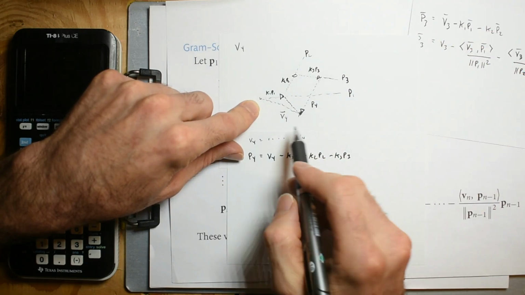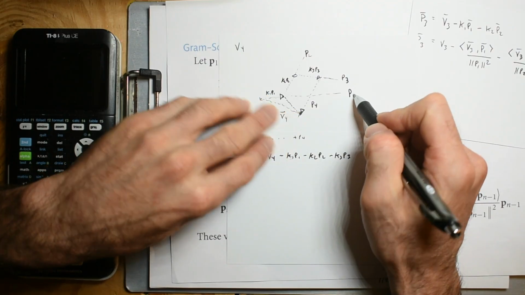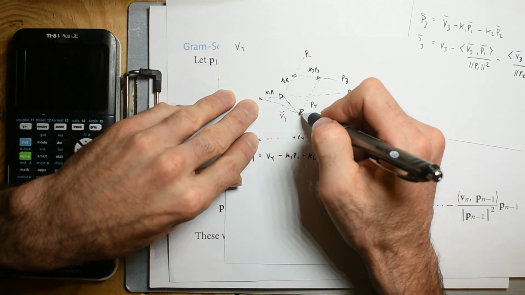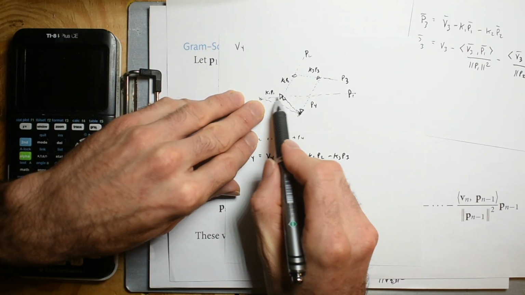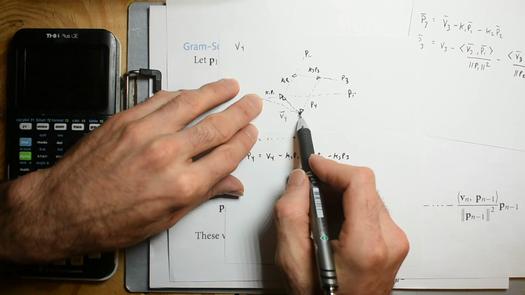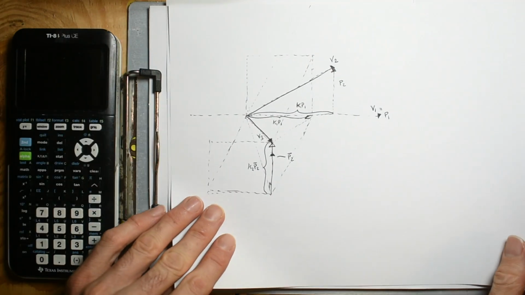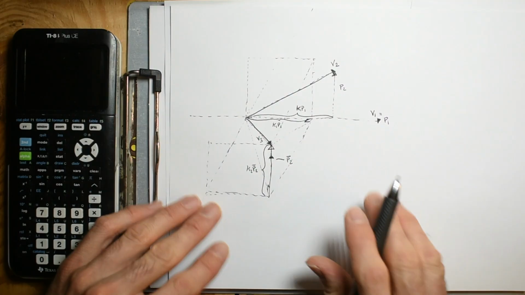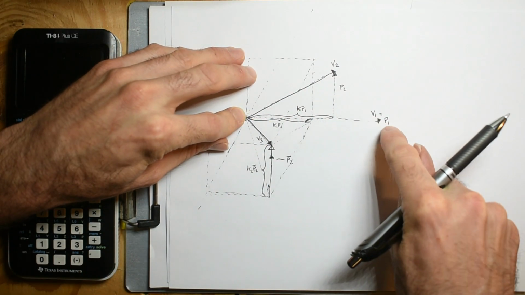If I take the dot product of V4 with P1, then I'm getting the horizontal projection. This is the perpendicular distance down to K1. That's what I didn't show from the other diagram I drew, because I'm thinking about doing this one again. So here's V2 dotted with P1.